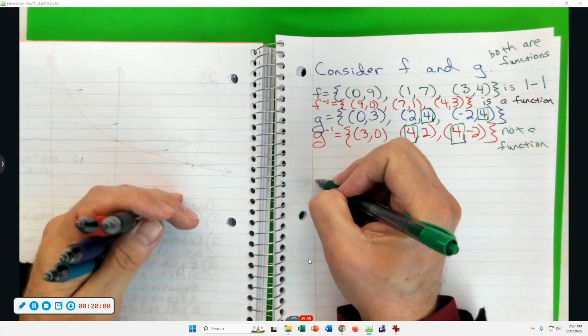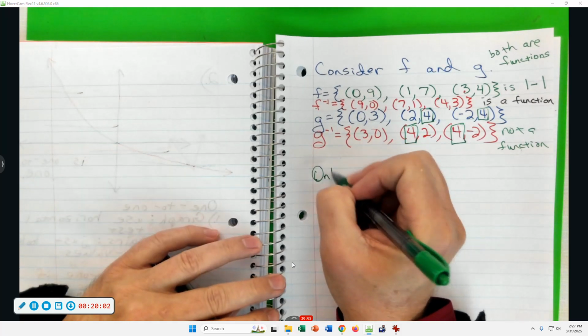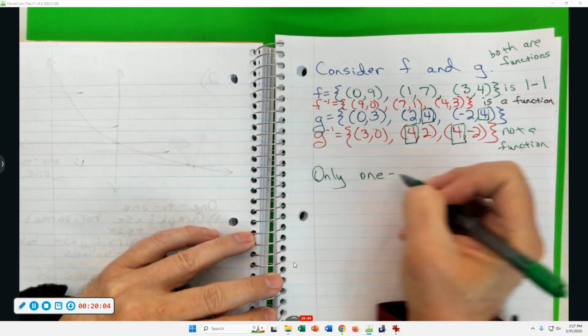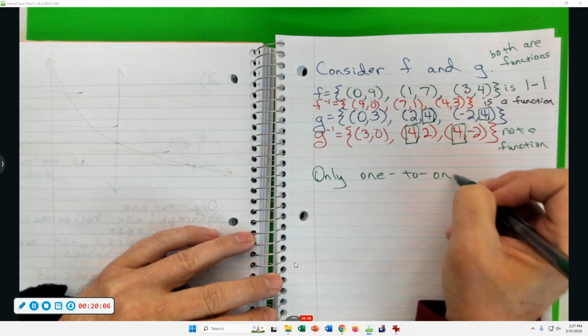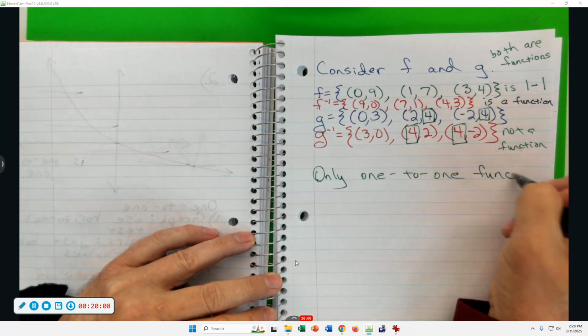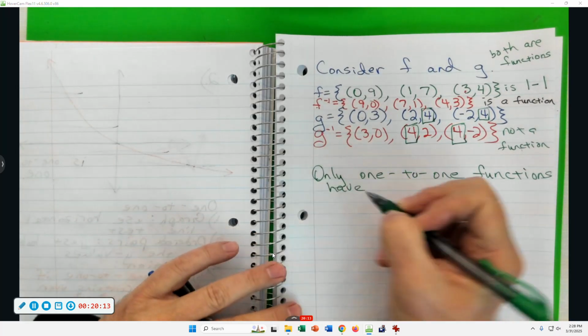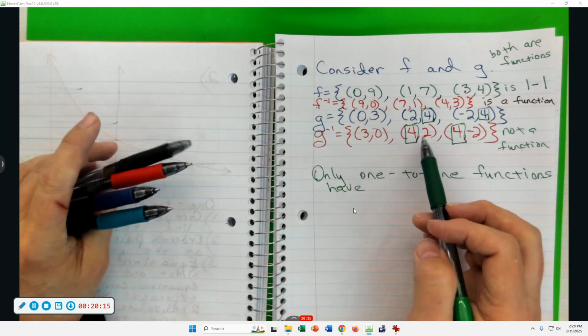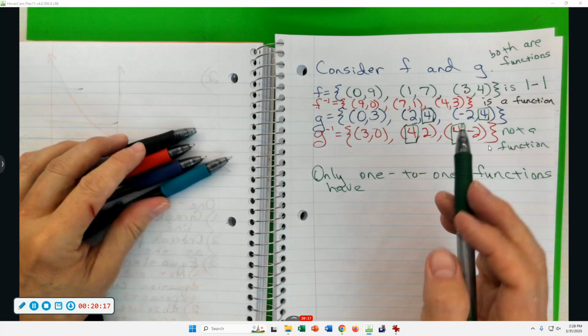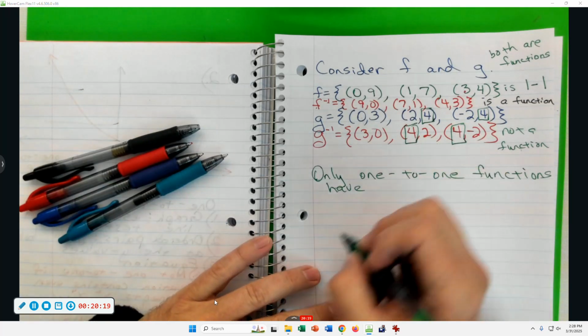What's important here is that only one-to-one functions have inverses that are functions. You can still find the inverse. It's just not going to be one-to-one, and not a function.